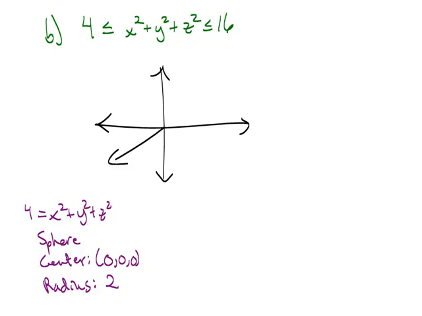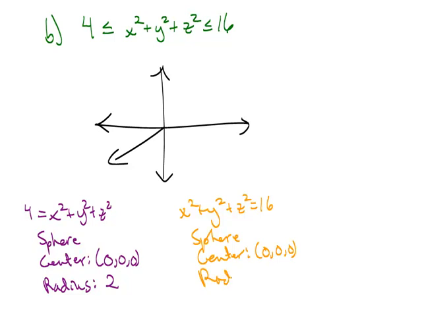So we have that, and then the other equality here is x squared plus y squared plus z squared equals 16. That's also a sphere. Same center. Different radius. Bigger radius, the square root of 16, which is 4. So we're going to need to mark off to 4 on our axes here, x, y, and z.